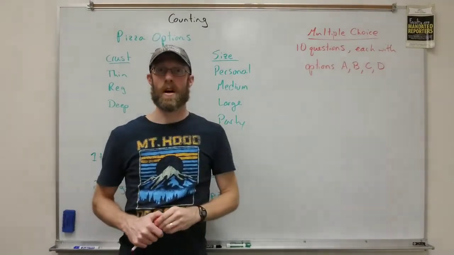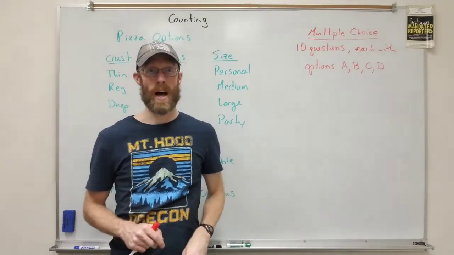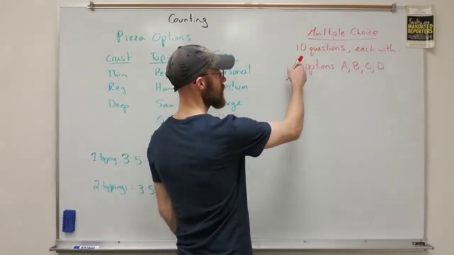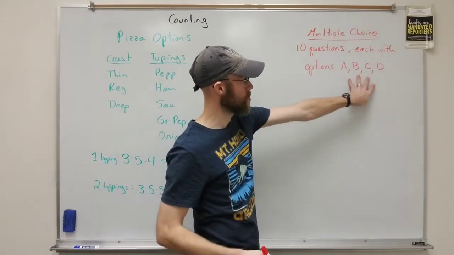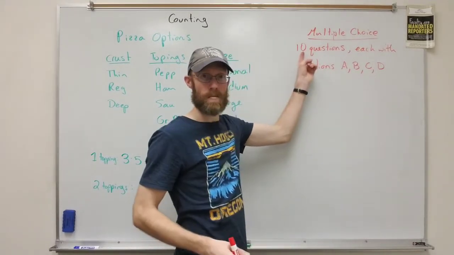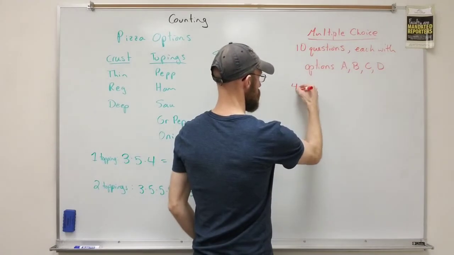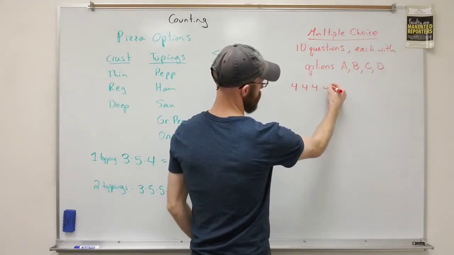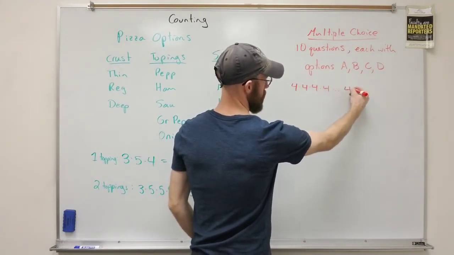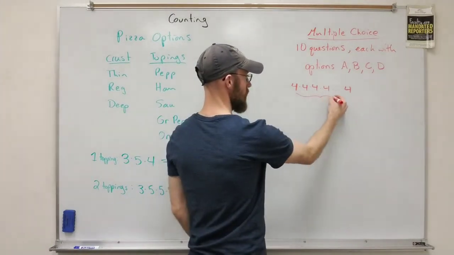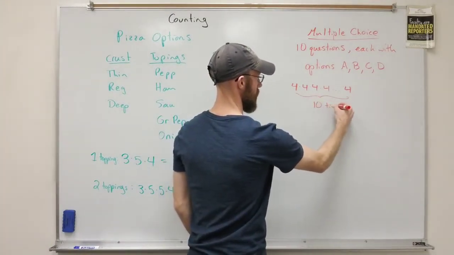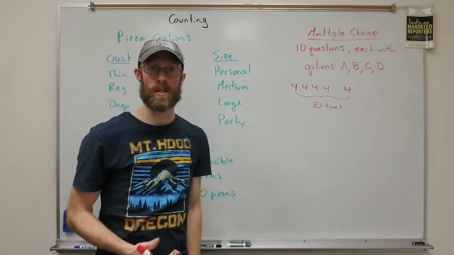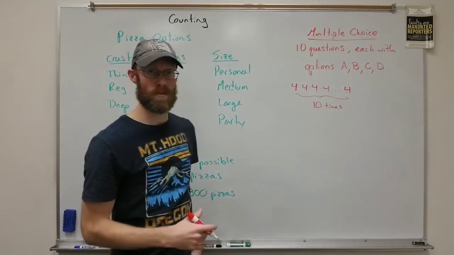And the answer is a lot, a whole lot. Basically, you have 4 options repeated 10 times. So that's 4 times 4 times 4 times 4, 10 of them, right? 4 options for each question. And so that's really 4 to the 10th power.